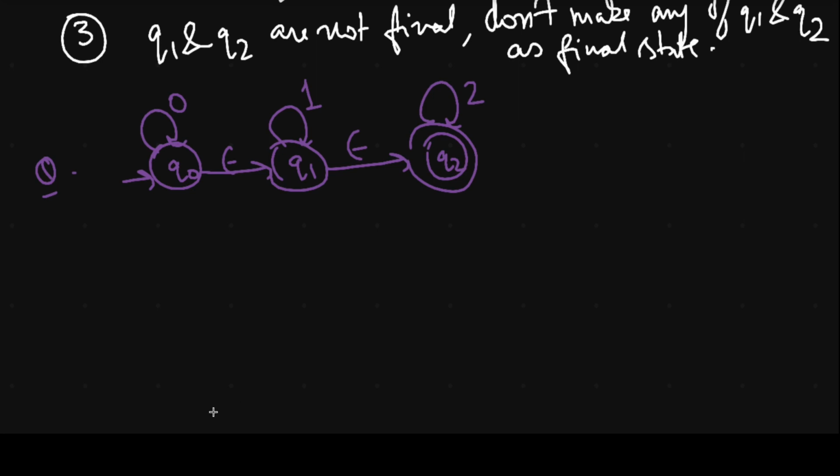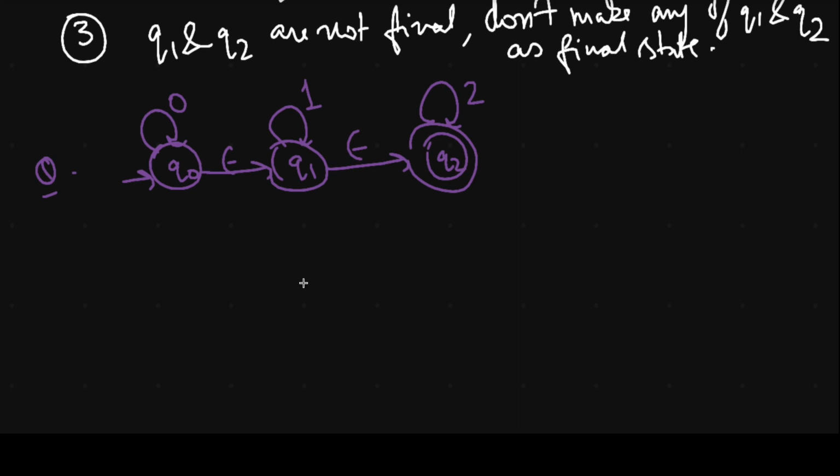So we have to eliminate this null move. Here you see, both of them are not final, so you don't have to make either of them final. But here the second state is final in Q1 and Q2, so we will make Q1 also final. And if we make Q1 also final, we will also have to make Q0 final.